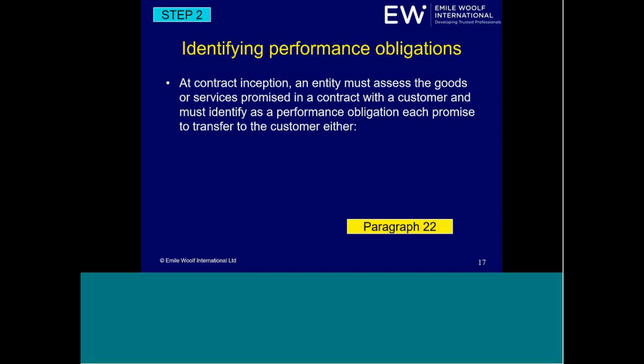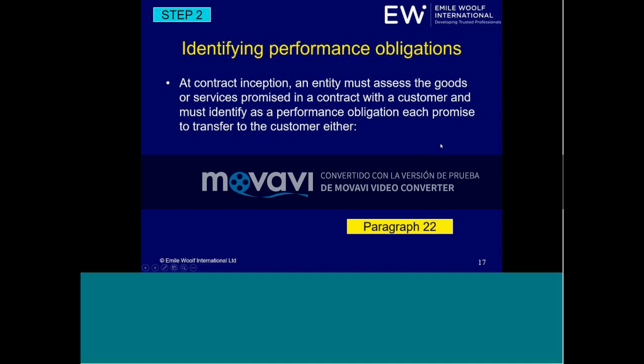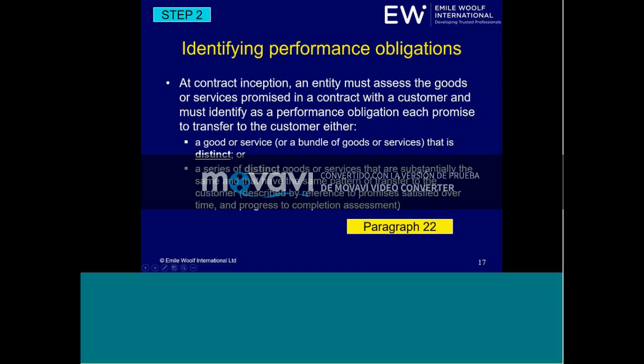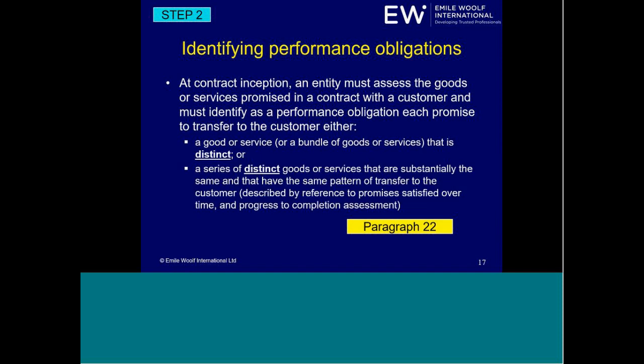When are you going to recognize revenue? It involves a simple question of what are the promises. Either a good or a service, or a box, a parcel of them, that has the characteristic of being distinct. Now, I need to focus on that in a moment. Or alternatively, there is a series of repeat performances of the delivery of, again, distinct goods or services.